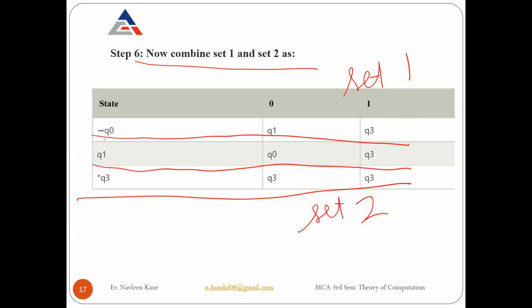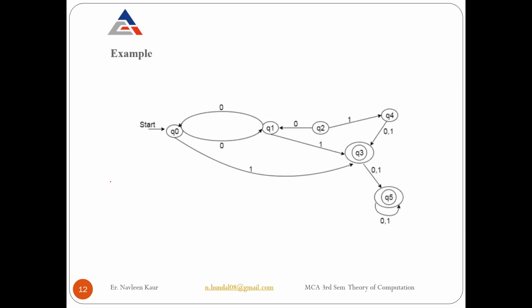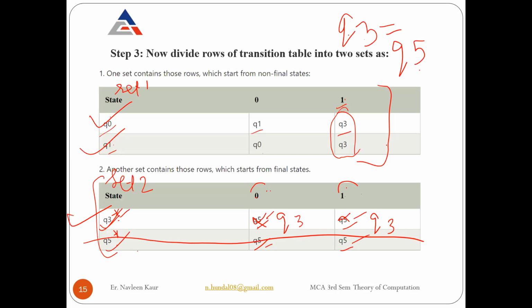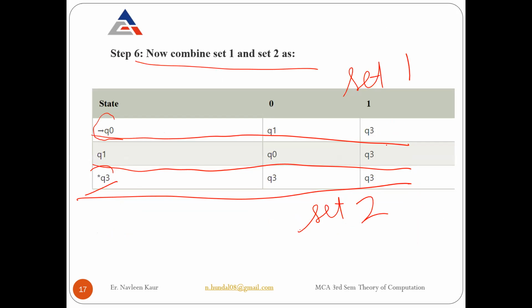Out of these rows, Q0 in the original transition diagram was the starting state. And we are left with only one final state, that is Q3. Q5 was also a final state, but as we have replaced it with Q3, it is not there. So we are left with only one final state, Q3. That's why I have written it like this. So I'm just combining the sets and generating this transition table.